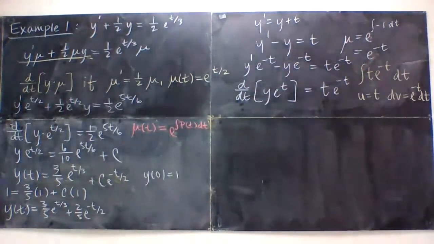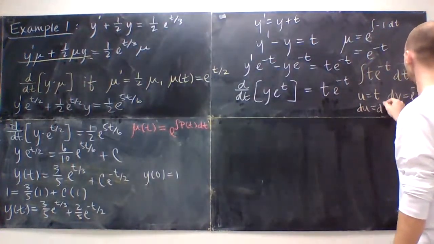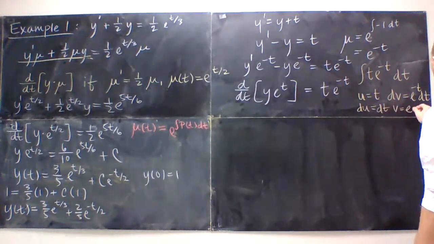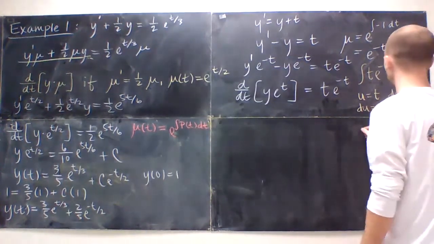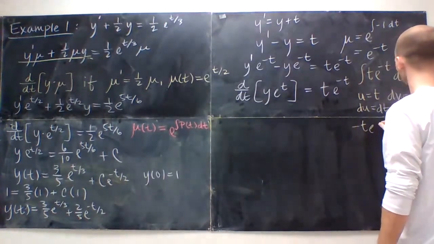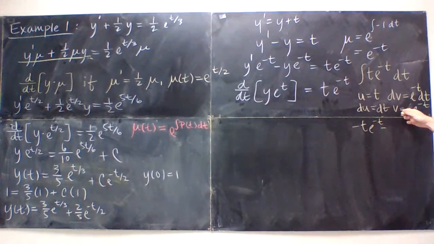All right, and we know that the integral of, wait a second. Hold on, it's going to be negative e to the negative t. And we know that the antiderivative of u dv is equal to u times v minus the antiderivative of v du.